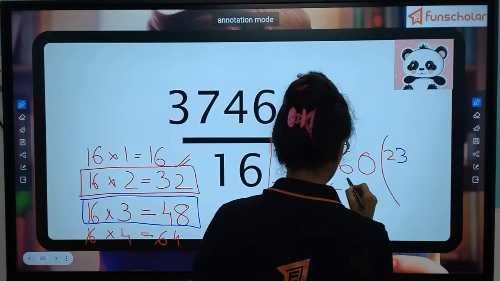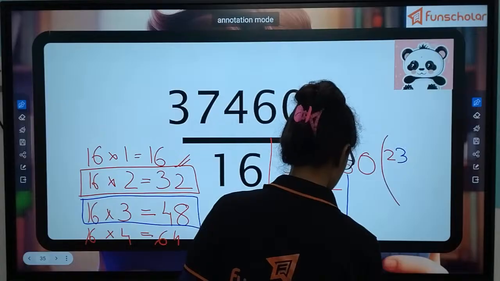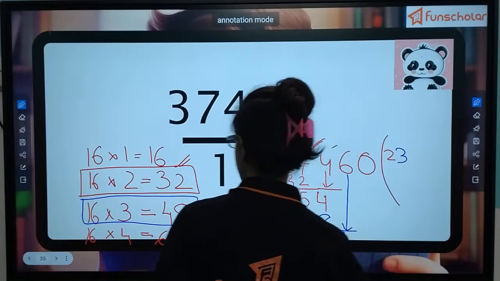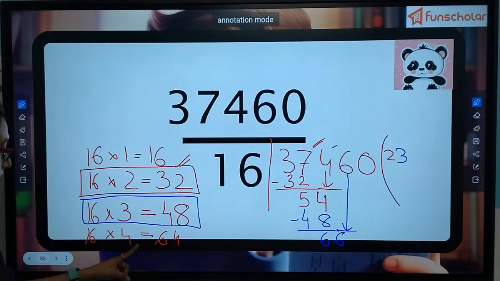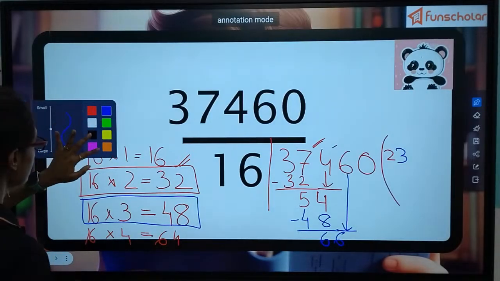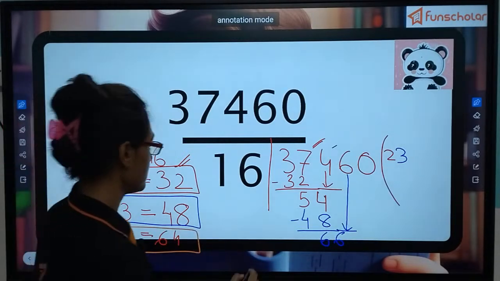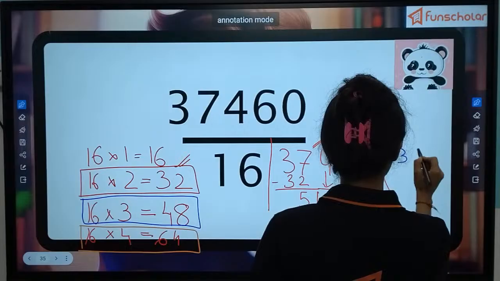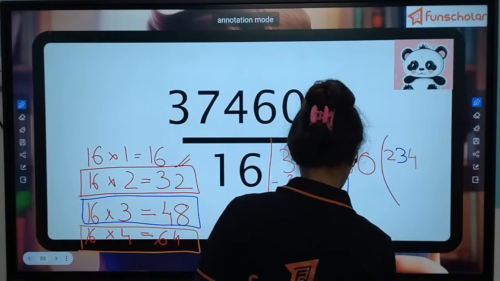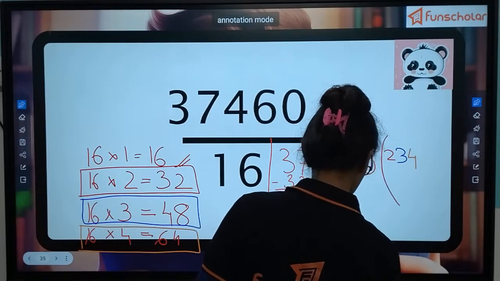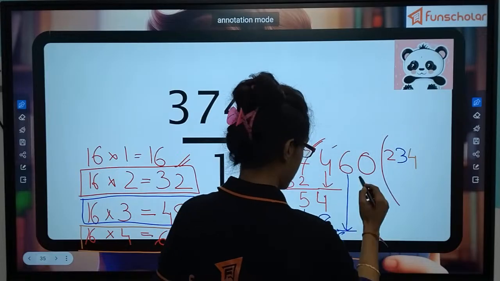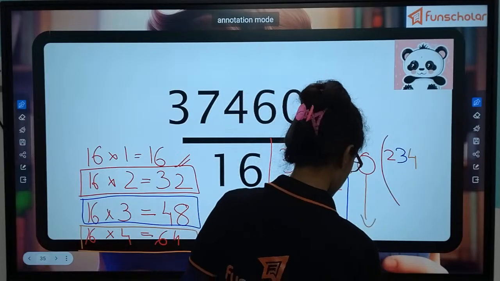Now comes 6. Next number will come over here is 6. Now 16 4s are 64. So this seems to be the nearest one in the third step. Okay. So 4s are 64. 2 comes. Next comes 0.